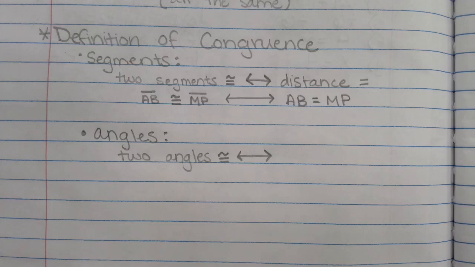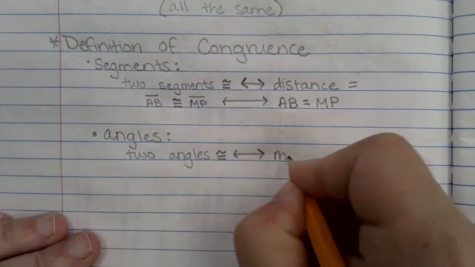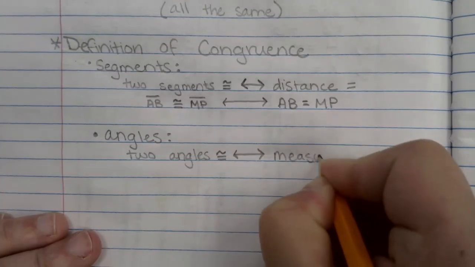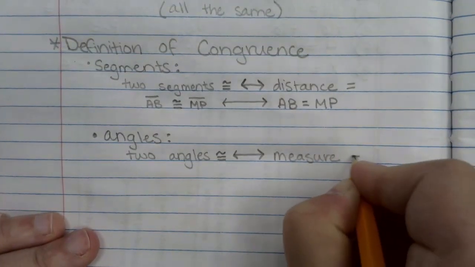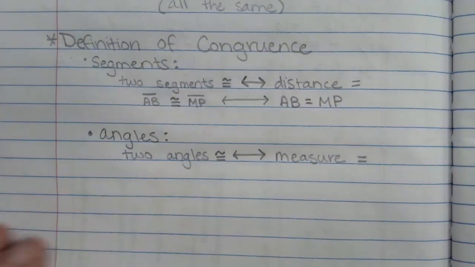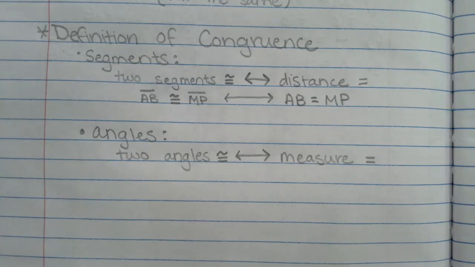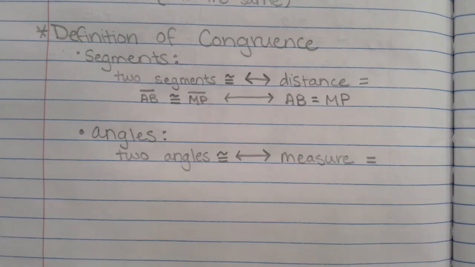They're the same degree. Good, same degree, the same measurement. Okay, the measures are equal. That would be if they're supplementary. When they're just congruent, that doesn't mean they're complementary or supplementary.